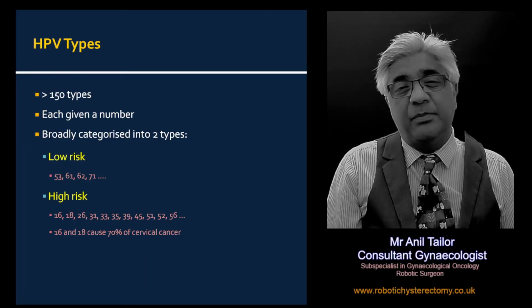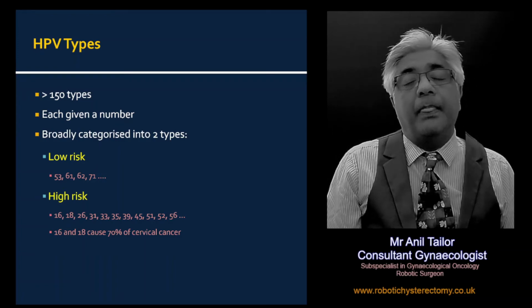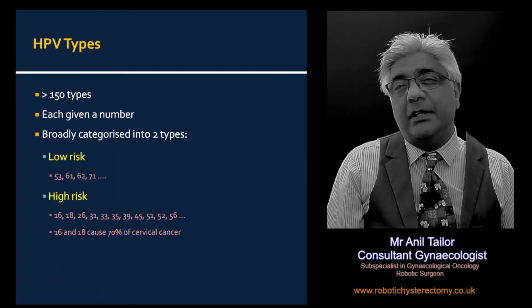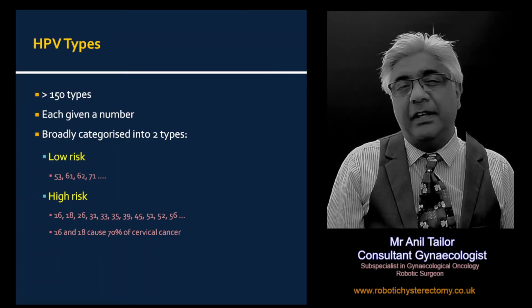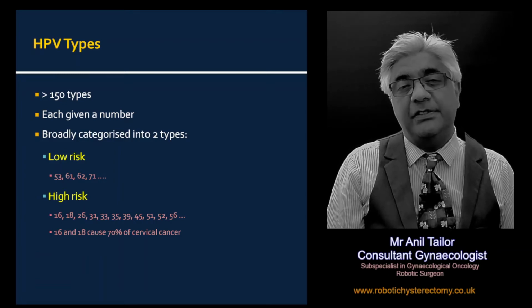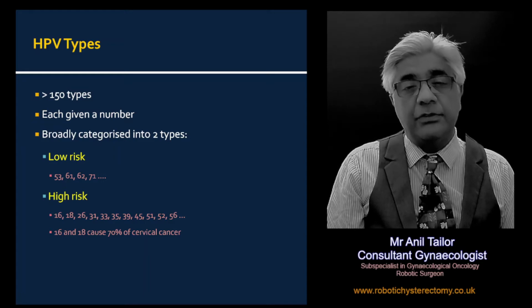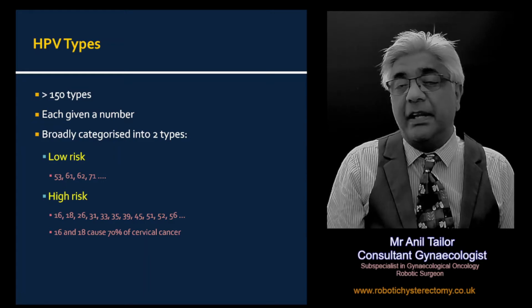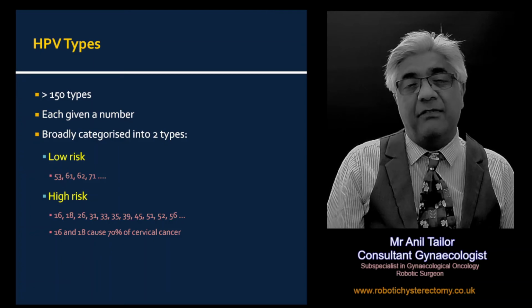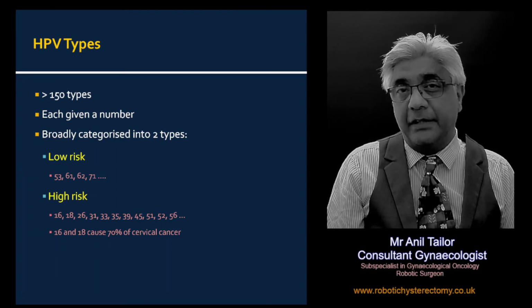The difference is that the low-risk types don't really have a significant potential to transform the cells into cancerous cells. So they may cause mild precancer, but rarely, if ever, will progress all the way up to cancer.